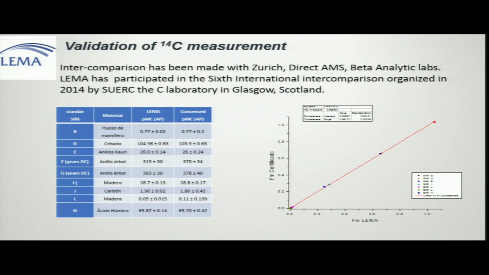In order to measure carbon-14 for dating, we need to validate the methods. It's very important. So we have participated in several intercomparison experiments. We have made intercomparisons with several laboratories in Zurich, with Direct AMS, with Beta Analytic, with Arizona, and we have also participated in international intercomparison exercises.